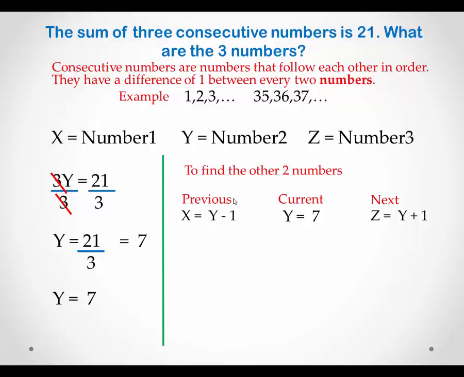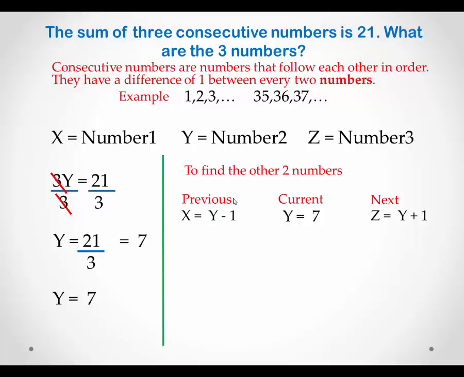By dividing the equation by 3, the result will always be the middle term in the sequence of consecutive numbers. You can try it with other consecutive numbers as long as it is 3.